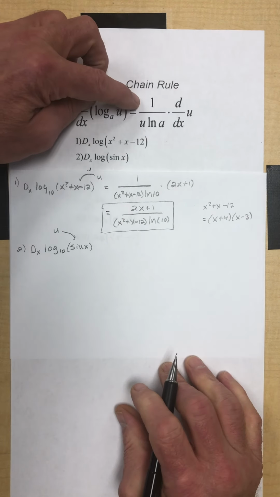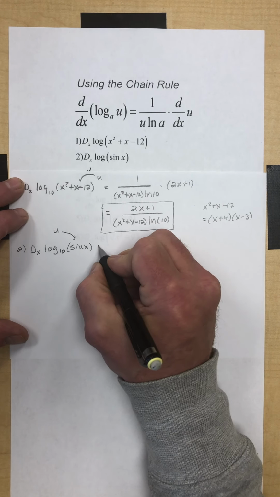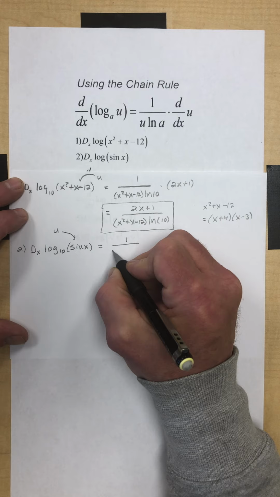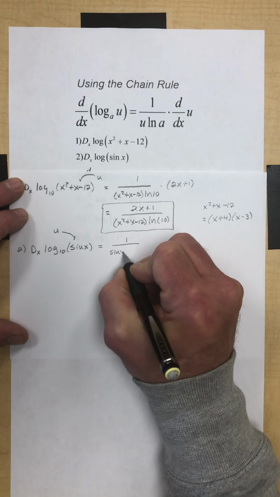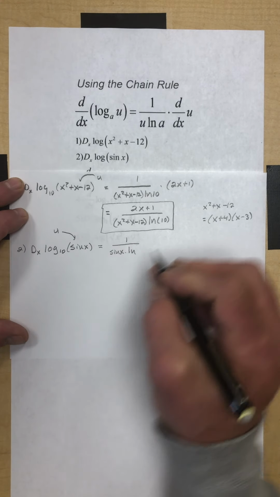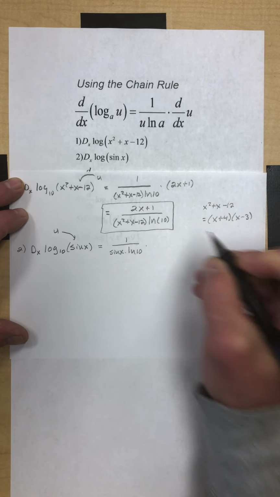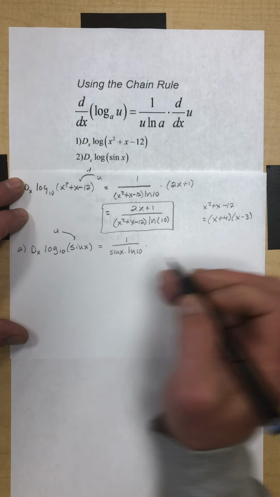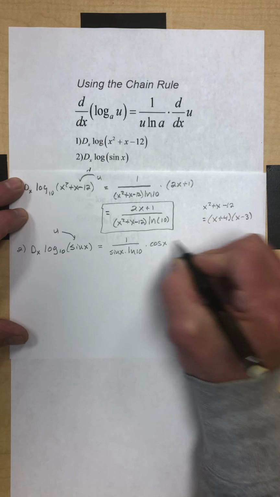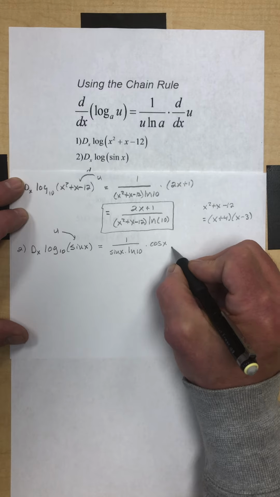And we just go right back up here to our rule. So we get 1 over u, which is the sine of x, times the natural log of a, and a is 10, natural log of 10, times the derivative of u. And the derivative of sine is cosine. Okay, so let's see what we can do to clean this up.